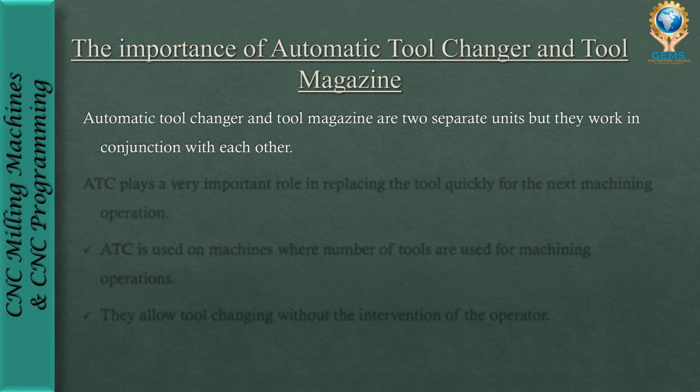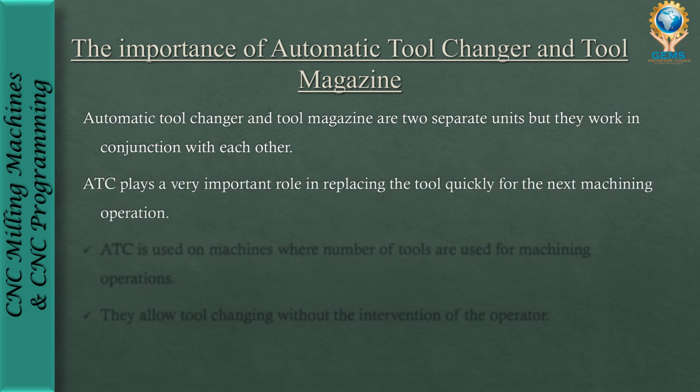This is the device which changes, loads and unloads. But the tool magazine is the one which holds all the tools. So ATC plays a very important role in replacing the tool quickly for the next machining operation.